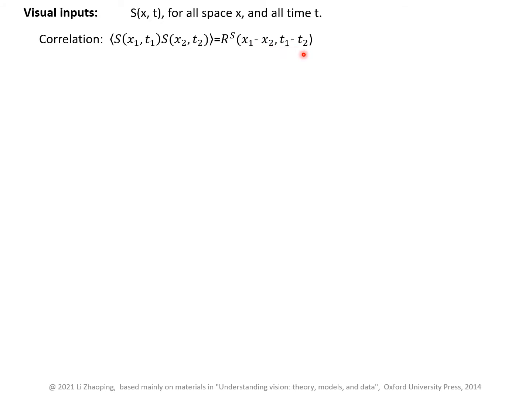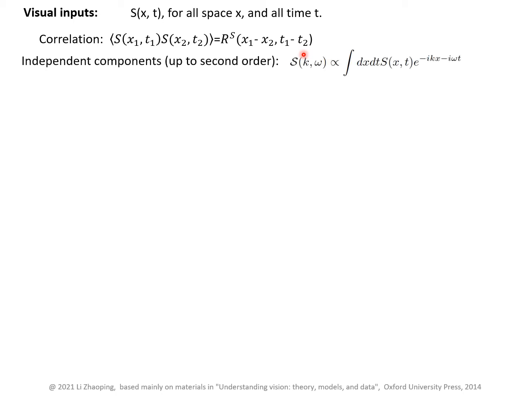We have learned for signals with translation invariant correlations, the principal components are Fourier waves. Now the wave is in both space and time with spatial frequency k and temporal frequency omega.